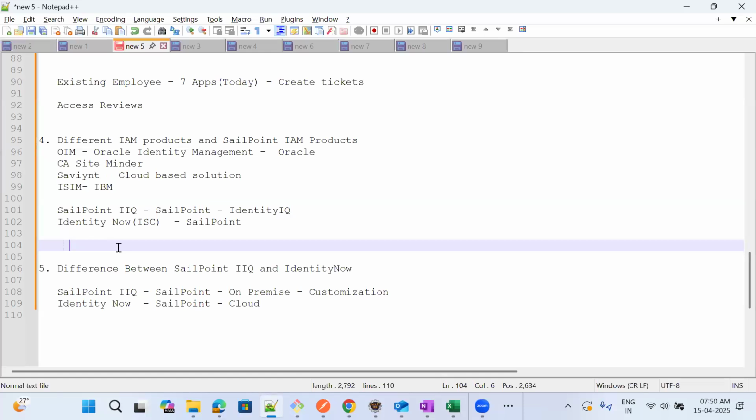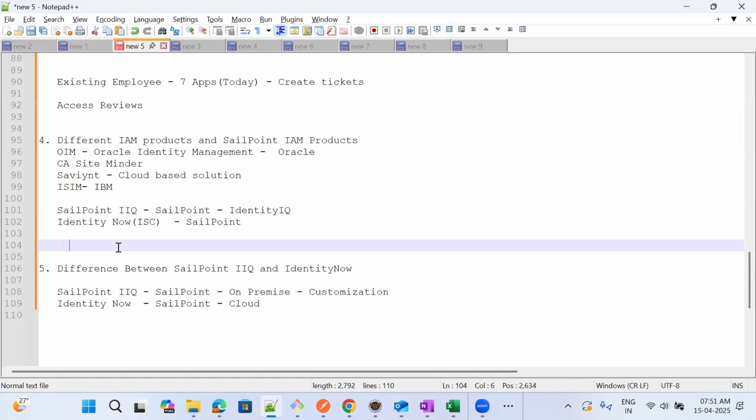Yeah, it's a cloud-based tool. I mean, everything is stored on a cloud platform. So IIQ is an on-prem solution, it has a database and everything, but Identity Now is a cloud-based solution, just like Savient. Yeah, you are right, absolutely right.